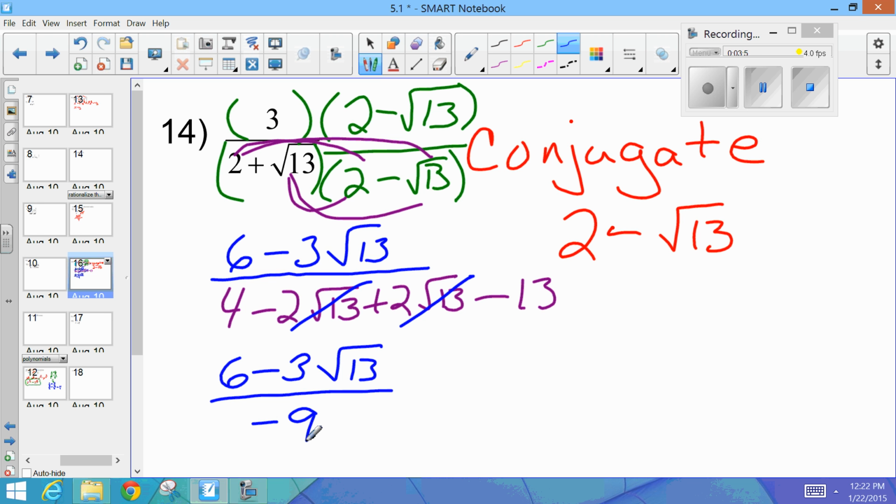Now, this can be simplified because there is a greatest common factor between all of the stuff that's outside the radical. So 6, negative 3, and negative 9 can all be divided by 3. So I'm taking a 3 out of each. That gives me 2 minus square root of 13 over negative 3. So that's my simplest answer.